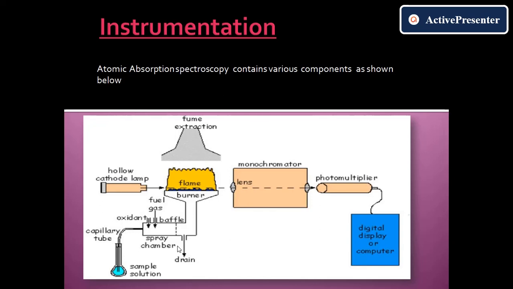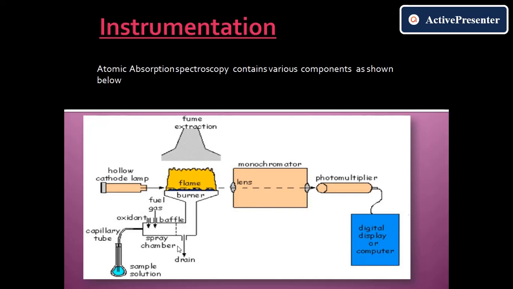The ground state atoms are in the gaseous form where the absorption takes place, and the unabsorbed radiation is sent to the monochromator and then to the photomultiplier, where it is amplified and we can get an accurate value.